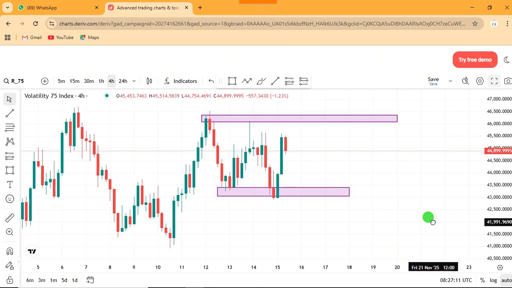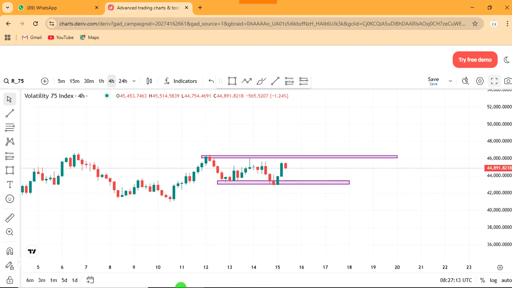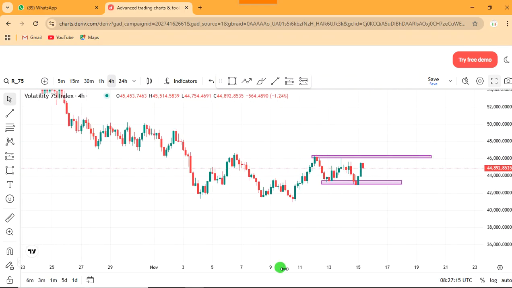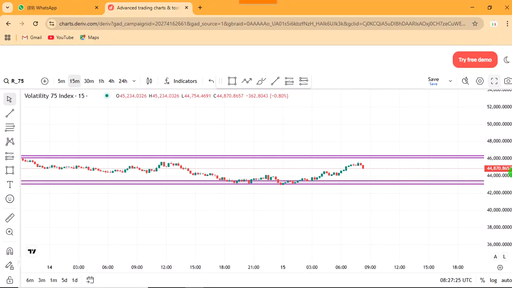But if it breaks above it, then somewhere around there will be my next target. So let's go back to the 15 minutes time frame. Let me make it a bit simpler and a bit clearer.